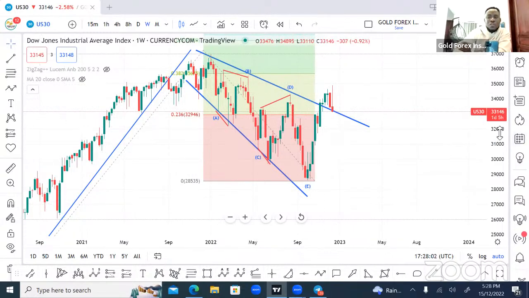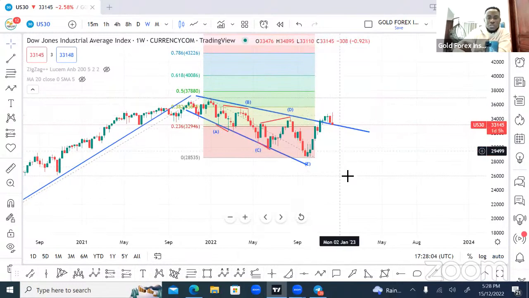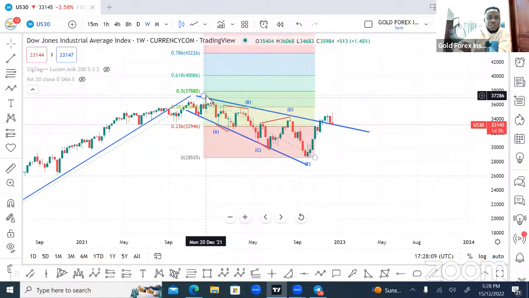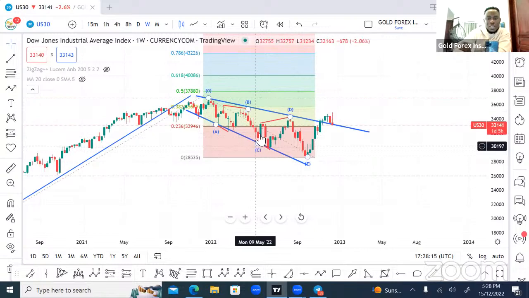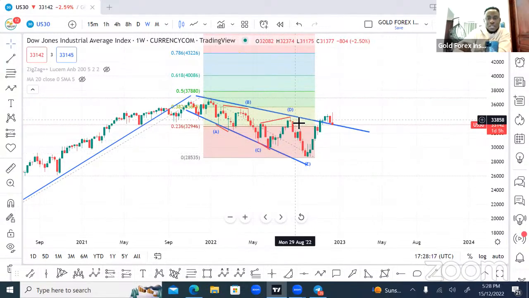People are looking for this move to continue selling all the way down. Yes, it's possible you can form an A. So A, B, C, D, E, then A, B, C.